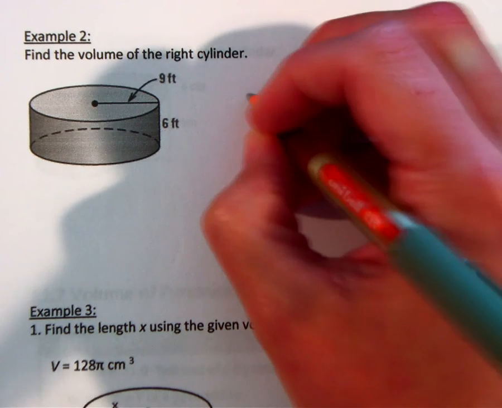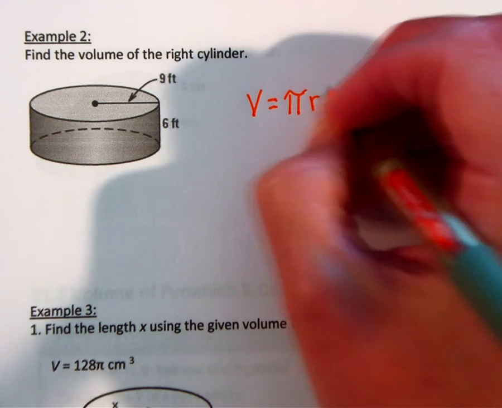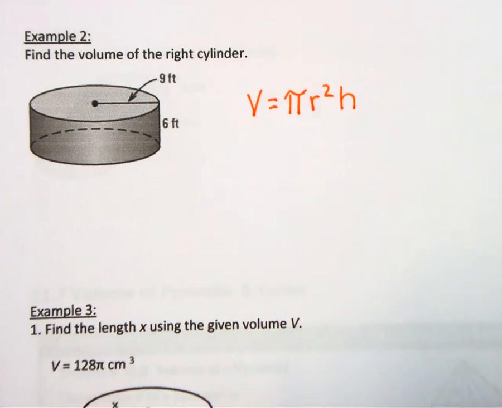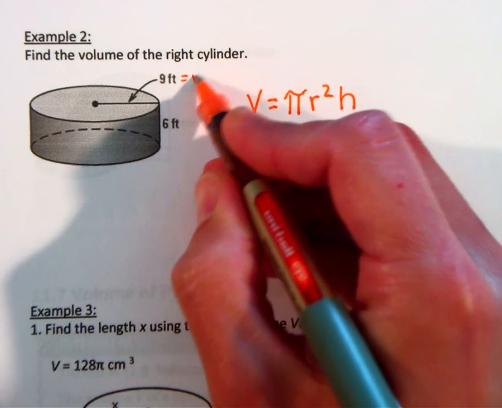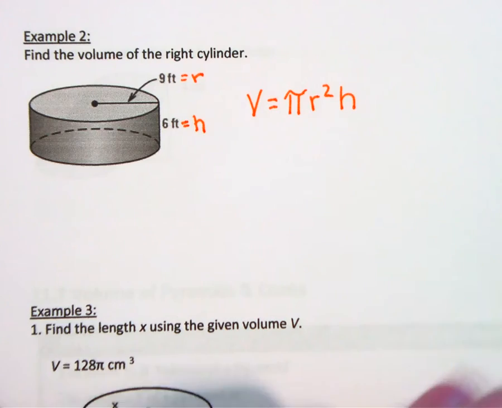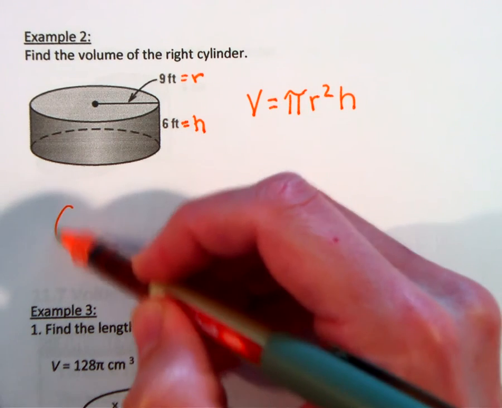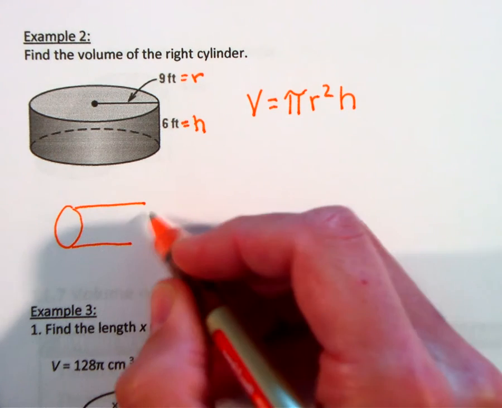Okay, so if we put the volume formula here, it is pi r squared h. So if this is our radius, then the other number is our height. That is also true if the cylinder happened to be laying on its side.